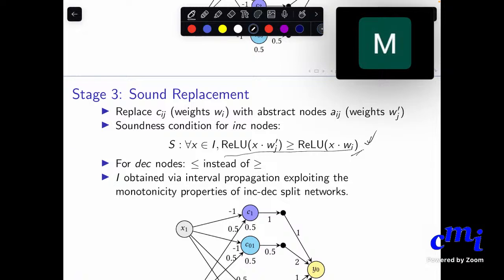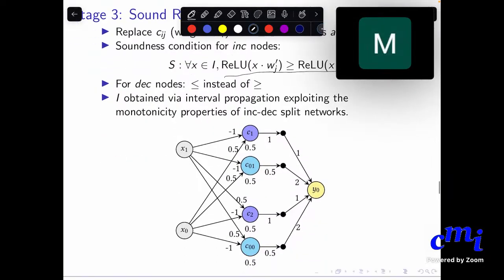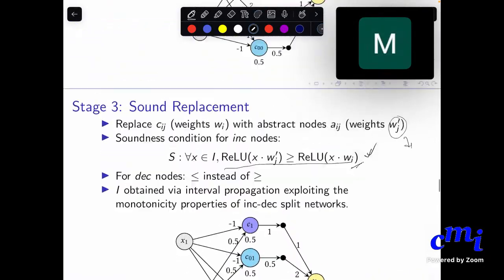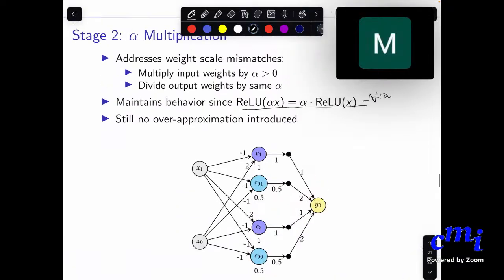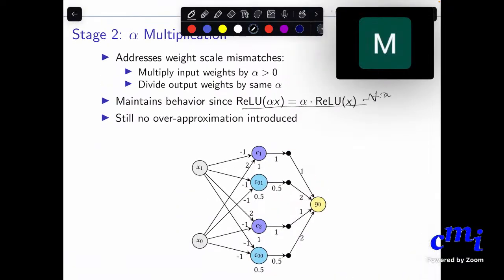This holds for all x belonging to I, the set of inputs. I is obtained via interval propagation, and because of the monotonicity property of the increasing-decreasing splitting of the network, we will get that. We will get this Wj dash by the gradient descent process, as we will see. Previously, when we did the alpha multiplication, it was alpha equals 2 for this neural network.